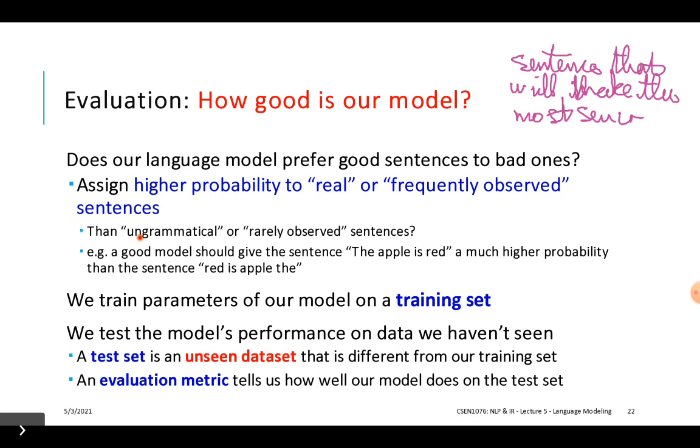So the ungrammatical sentences, the sentences that do not have proper grammatical structure, should have very low probabilities or even zero probabilities. The sentences that you don't see a lot, however, have an interesting phenomenon, which is they do appear, but you don't see them a lot. So their probability is going to be very low.